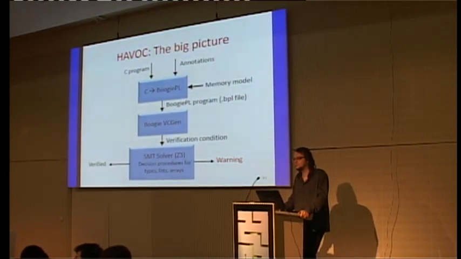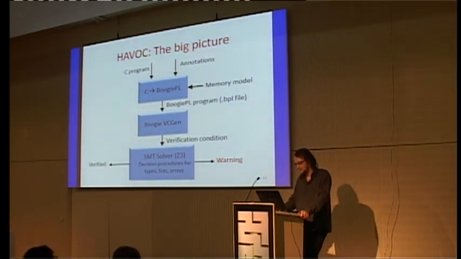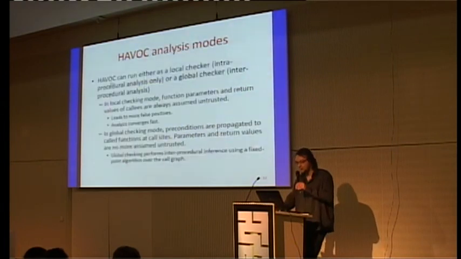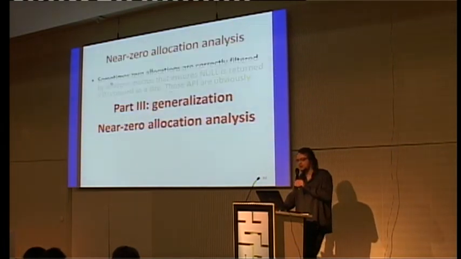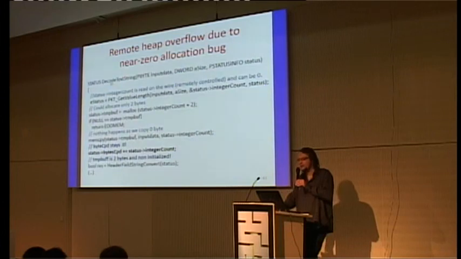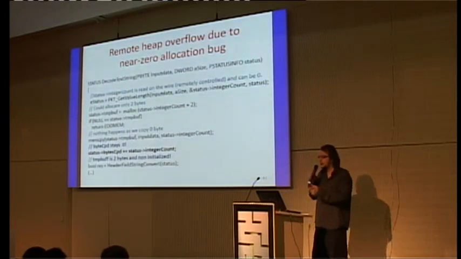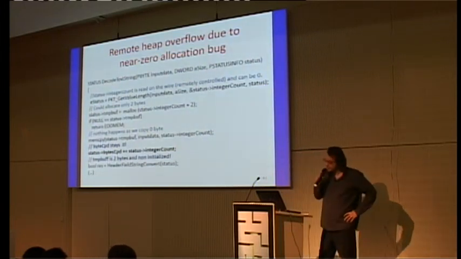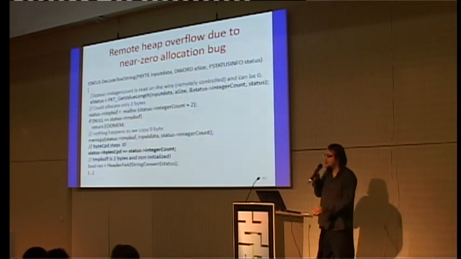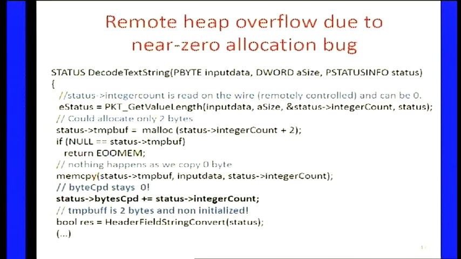In a few words, can you give some hints what the last chapter, near zero condition, is? I could give an example, but it would have to be just a few words. Basically, sometimes you read the value from an untrusted source.